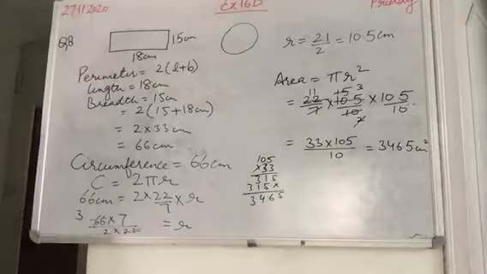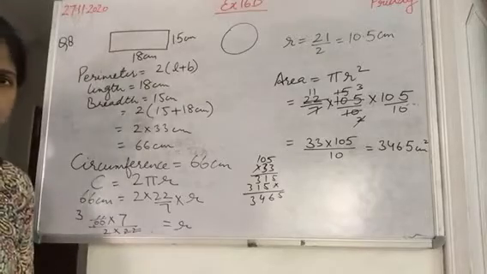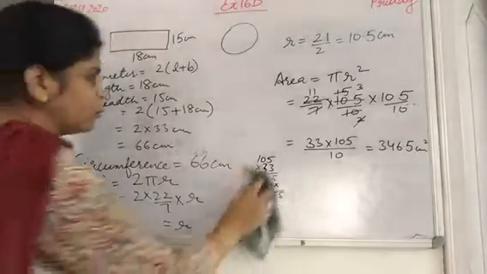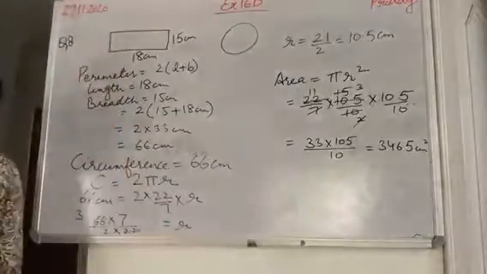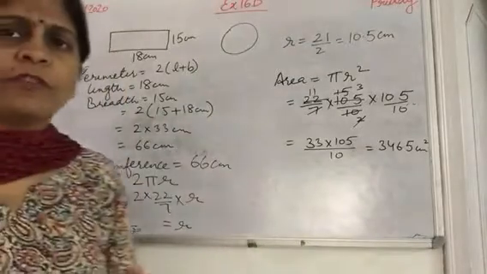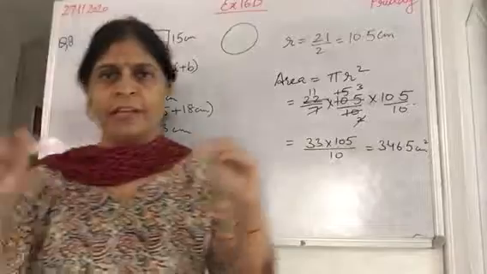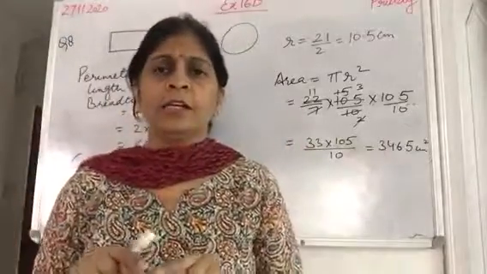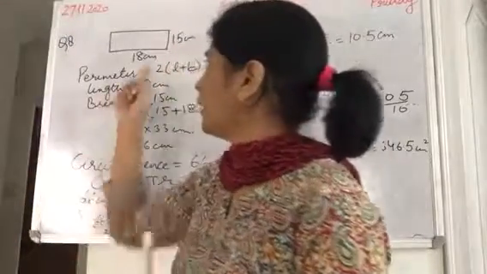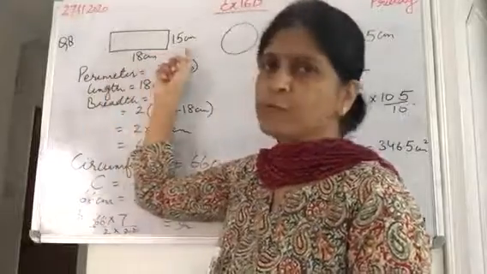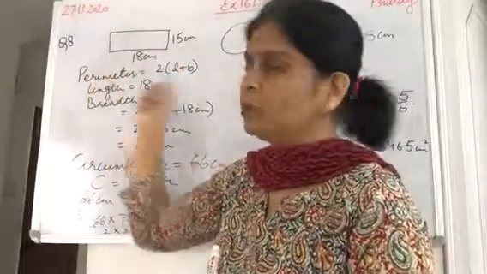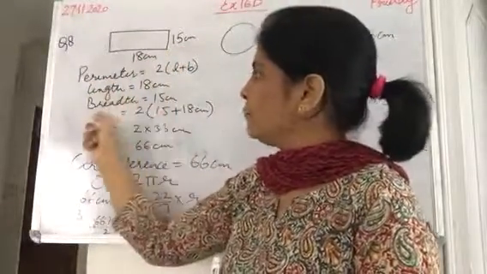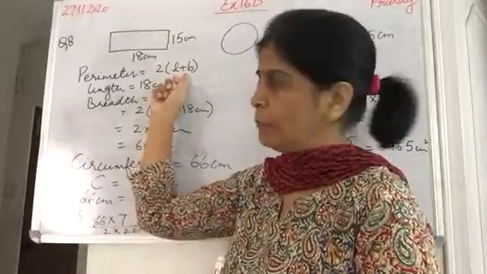Now I will explain this question again so that you come to know how we get this. First of all, a wire is in the shape of a rectangle. The length of the rectangle is 18 and the breadth is 15. So first we find the perimeter. Length 18, breadth 15, the formula is 2 times (L plus B).